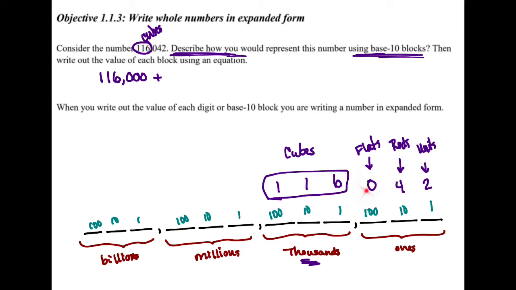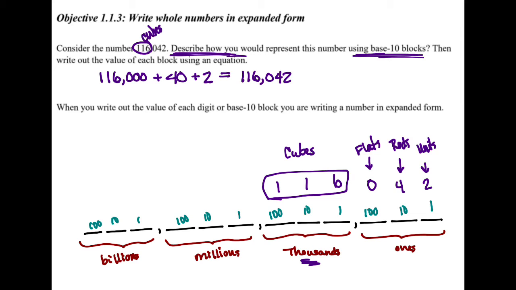There are no hundreds, so there are no flats. So now we have 4 rods, or 4 tens, which is 40, and then the 2 ones, which is just 2. And remember, that's an expression, so now we have to actually add them up and see what we get. And that is the number that we wanted. So it's 116,042.